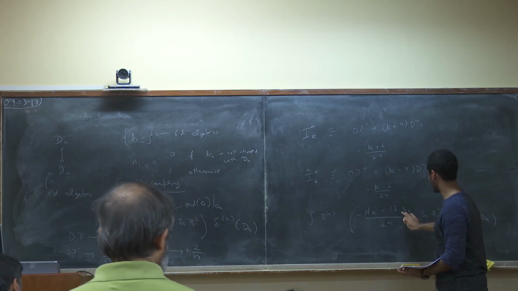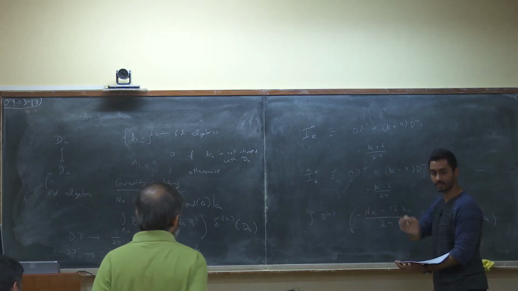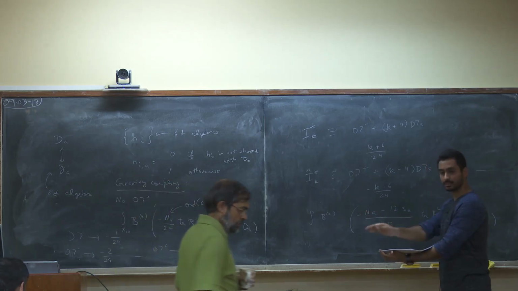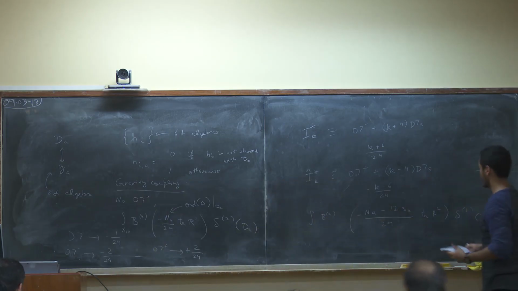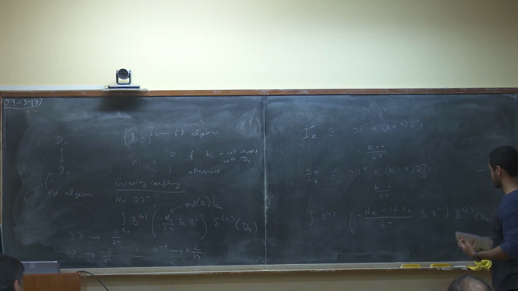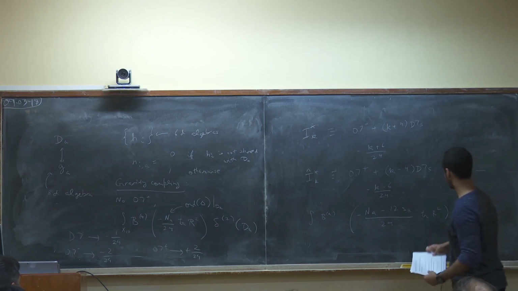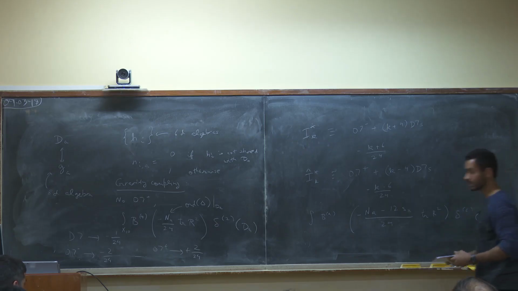So S_A is counting where you have frozen singularities. It's some divisor on the base which counts the frozenness of your curves. Okay, so this is the correction to the gravitational coupling.